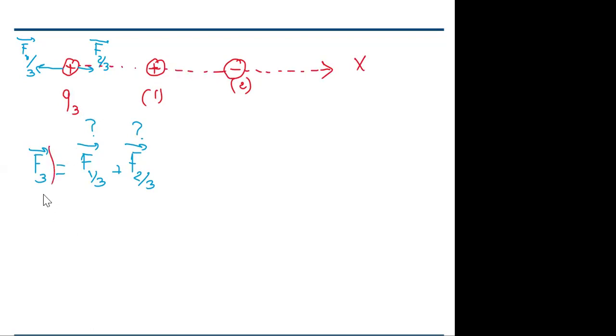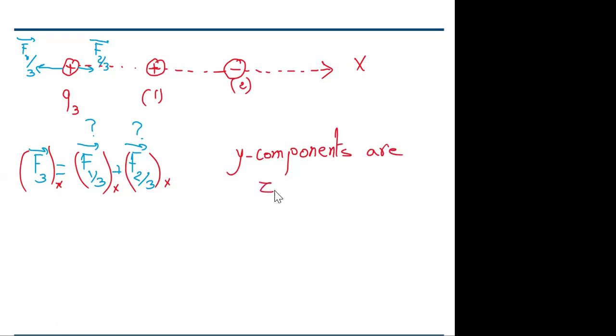So we can write F3, x component, and here x component. What about the y component? The y components of the forces are zero. Why? Because all charges are on the x-axis.